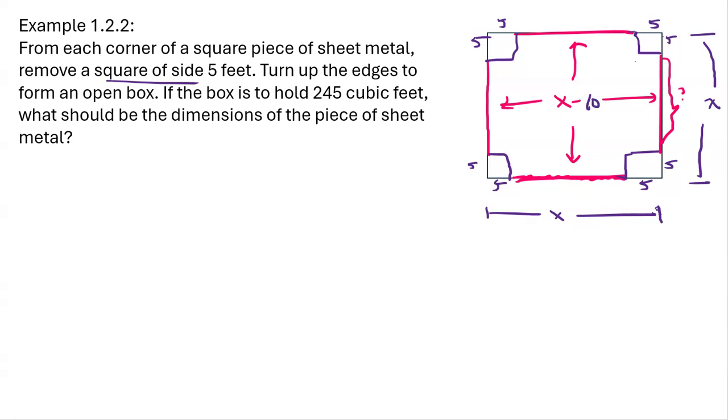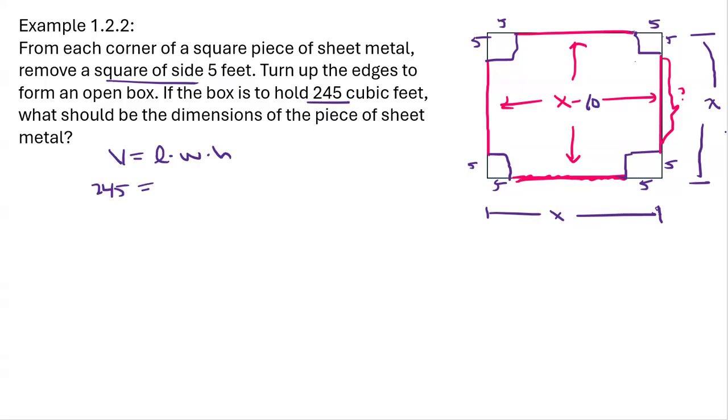So we're going to use the formula length times width times height. And in this case, we know the volume, which is 245. So we're going to put that here. And then the length and the width, well, that's just going to come from our diagram.